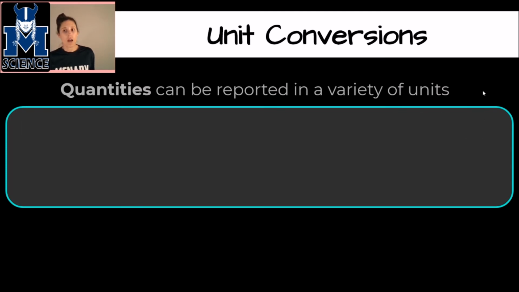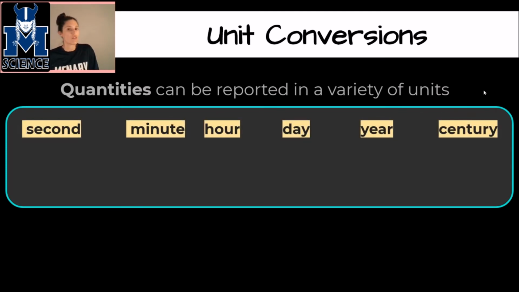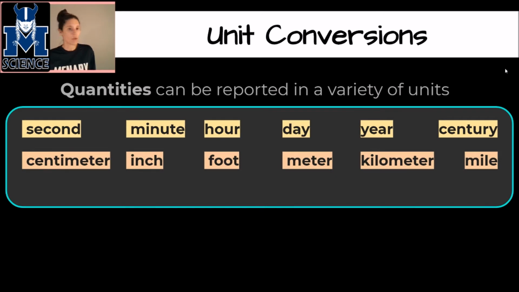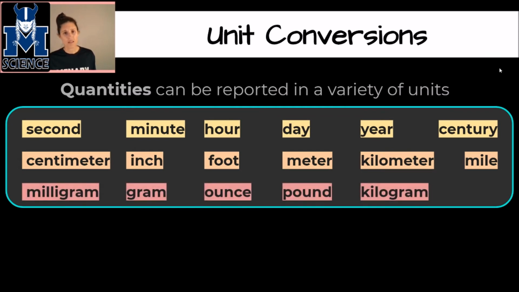So like for time, you could have units of the second, but you could also have minutes, hours, days, years, a century, and like for length, yes, the base unit is the meter, but there's a ton of other units that you can use for measuring lengths. Same with mass. Okay, and you'll notice some of these in here that I stuck in here are the ones that we're probably more familiar with here in the US. But it's convenient to know how to convert between units.